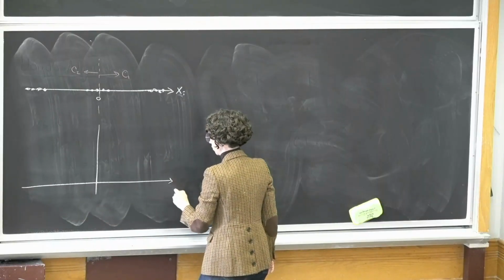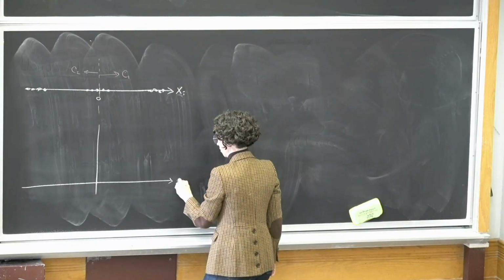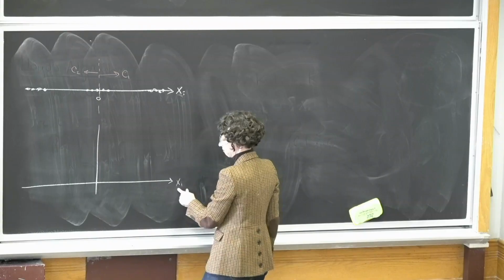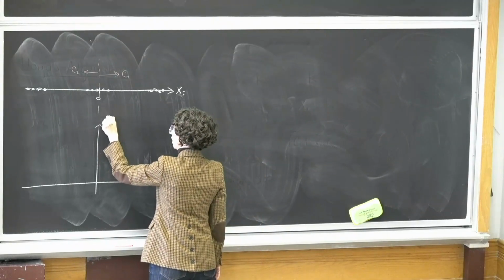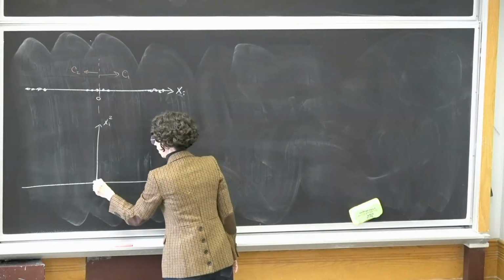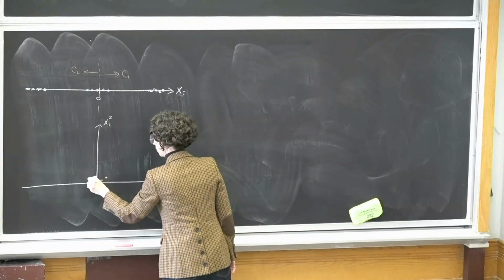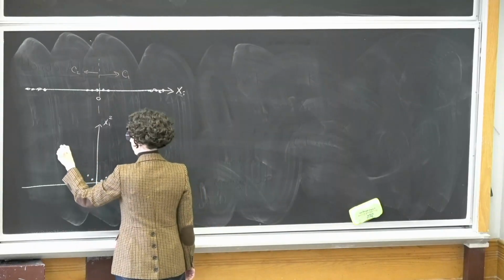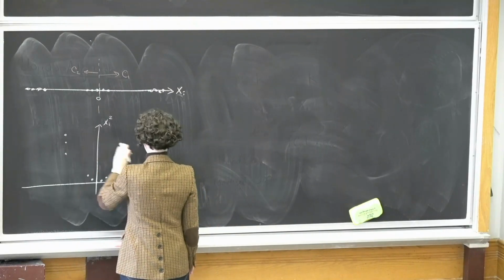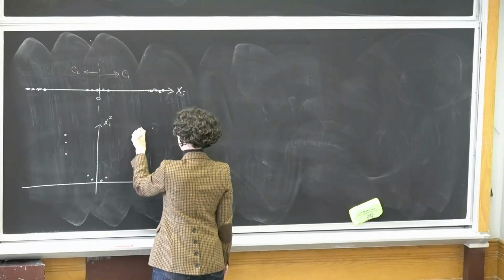But we could also think about lifting these points into a higher dimensional feature space. So here we would have, for instance, our original xi, and on the vertical axis, we could have xi squared. And so now our samples here might look something like this. Not trying this to scale.